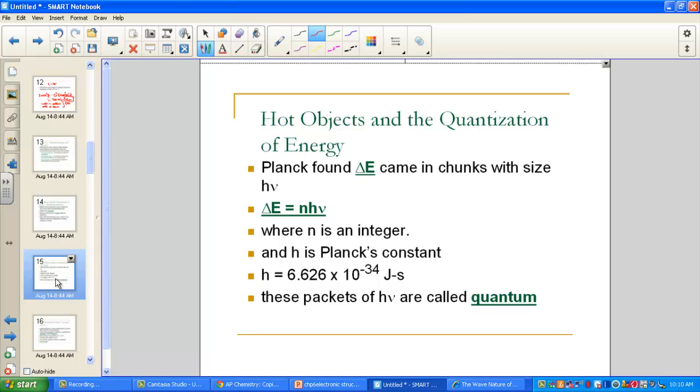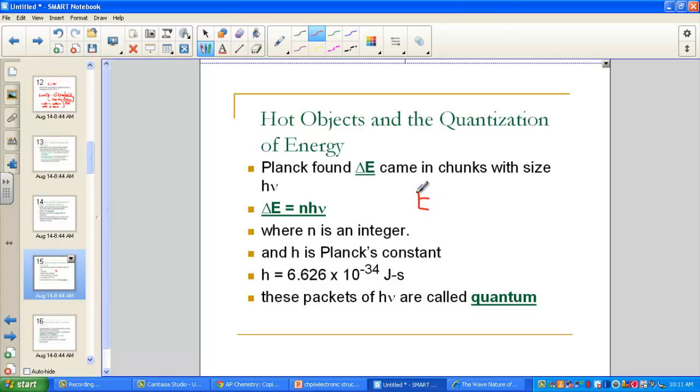He proposed that the energy, represented with the symbol E, of a single quantum would equal a constant times the frequency of this radiation. So again, much of the mathematics applied by Max Planck determined this very simple yet elegant equation: E equals h nu, where E stands for energy measured in joules.